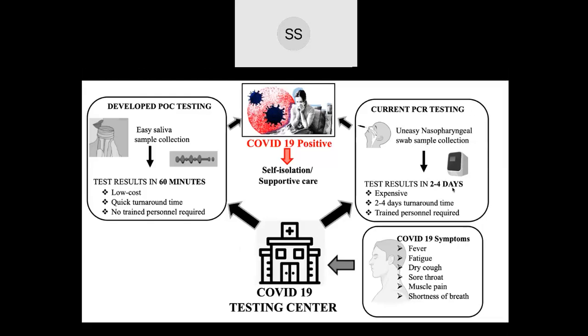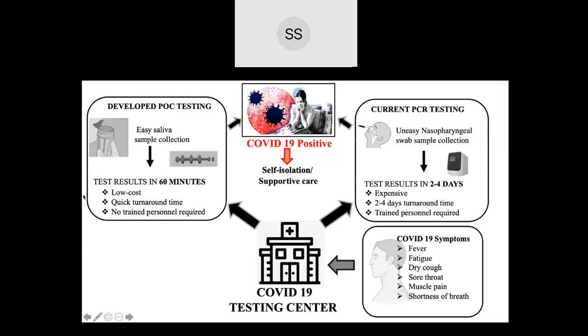So here is a comparison of the current method and the method which we have developed. It is very easy. We just collect the saliva sample in a sterile tube, and then a small amount of saliva is introduced to chamber 1, and then the automated platform will take care of the sample processing and amplification, thereby providing naked eye results.